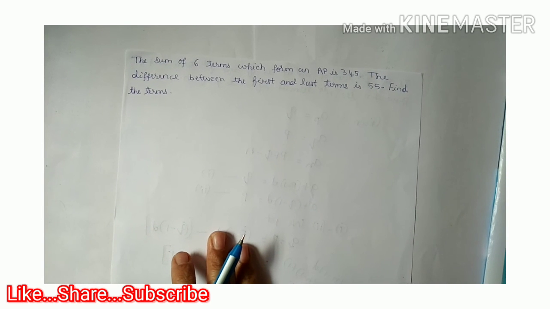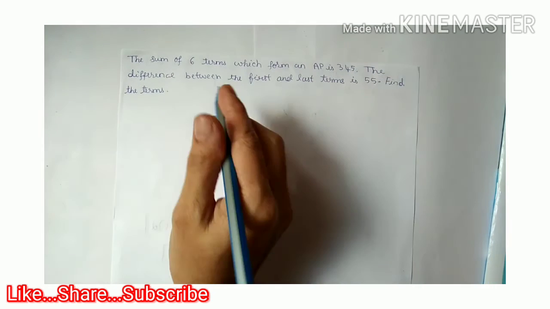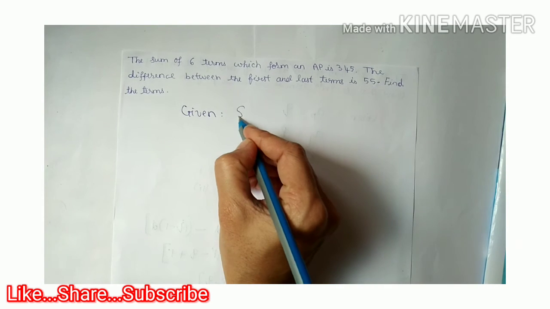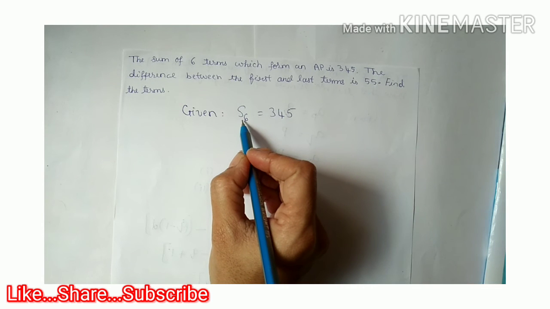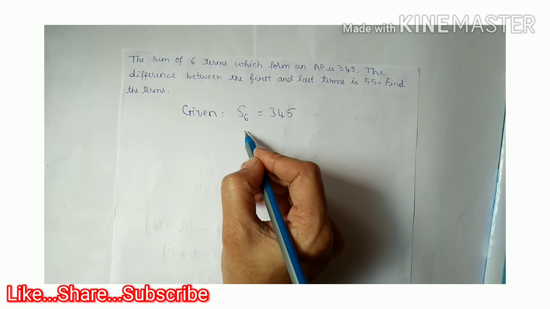Next example. The sum of 6 terms which form an AP is 345. The difference between the first and last terms is 55. Find the terms. Here given, the sum of 6 terms, S6, is 345. We know that Sn is equal to n by 2 into (2a plus (n minus 1) into d).